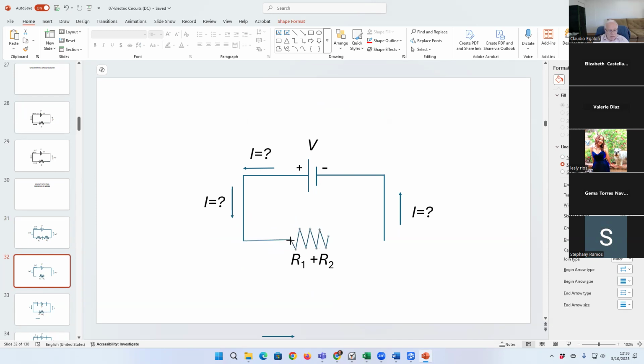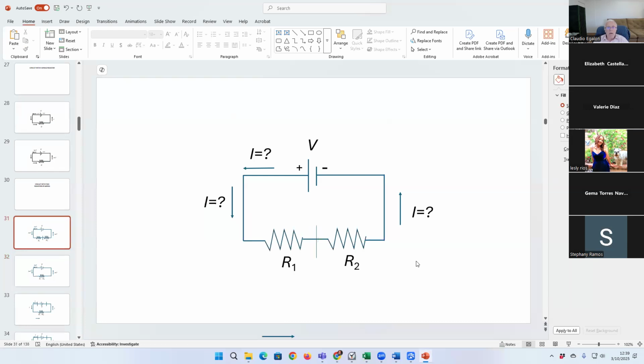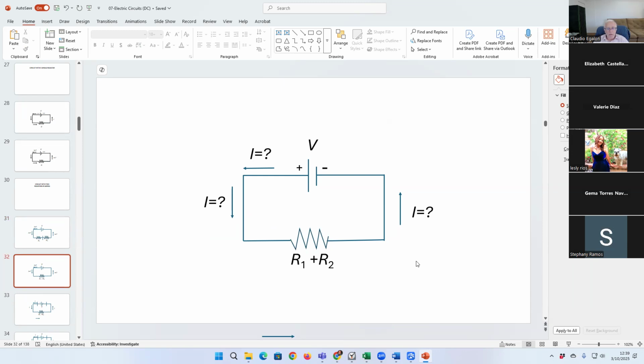That's what we call the equivalent resistance. And I'm going to copy and paste here. Going back, here you go, 2 resistors. Those 2 resistors combined behave just like a single resistor with the resistance summed up. And that's the case for resistors in series.